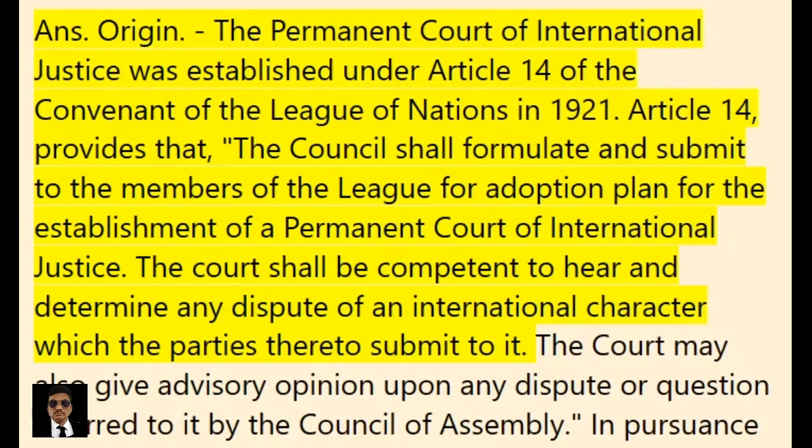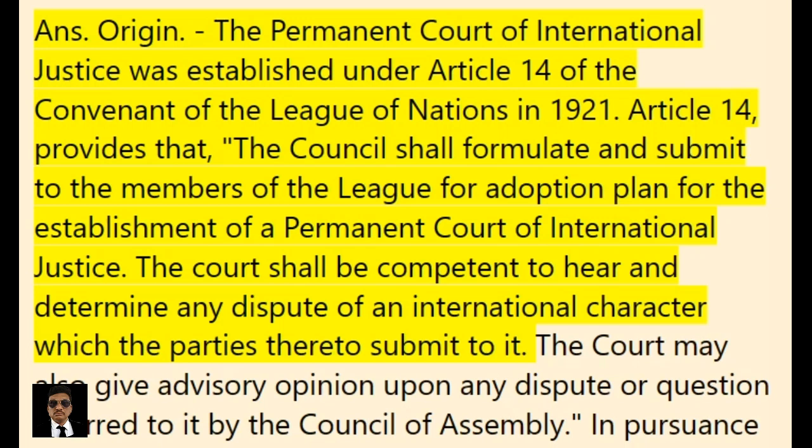Ans. Origin. The Permanent Court of International Justice was established under Article 14 of the Covenant of the League of Nations in 1921. Article 14 provides that the Council shall formulate and submit to the members of the League for adoption a plan for the establishment of a Permanent Court of International Justice.